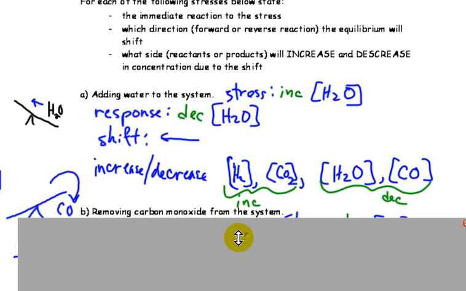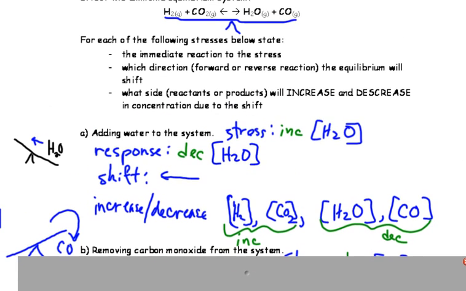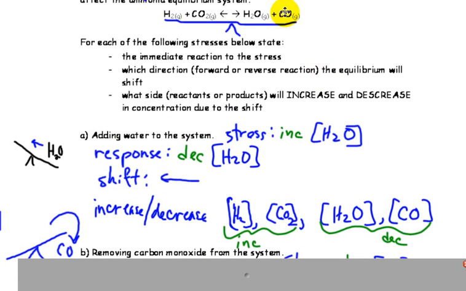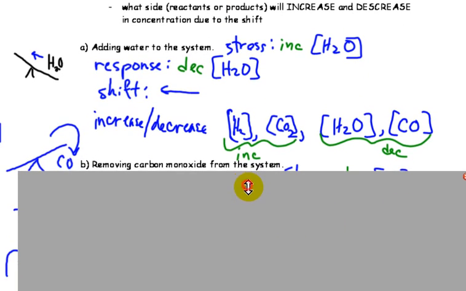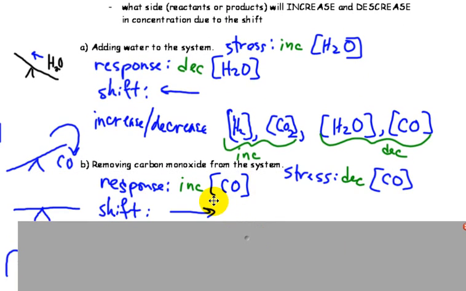Okay, if you had a chance to do that, removing carbon monoxide. Here's carbon monoxide, so if I take it out, things are out of whack. It's light on the product side. So I have to replace, no, I have this backwards, I think, here. This should be like this.